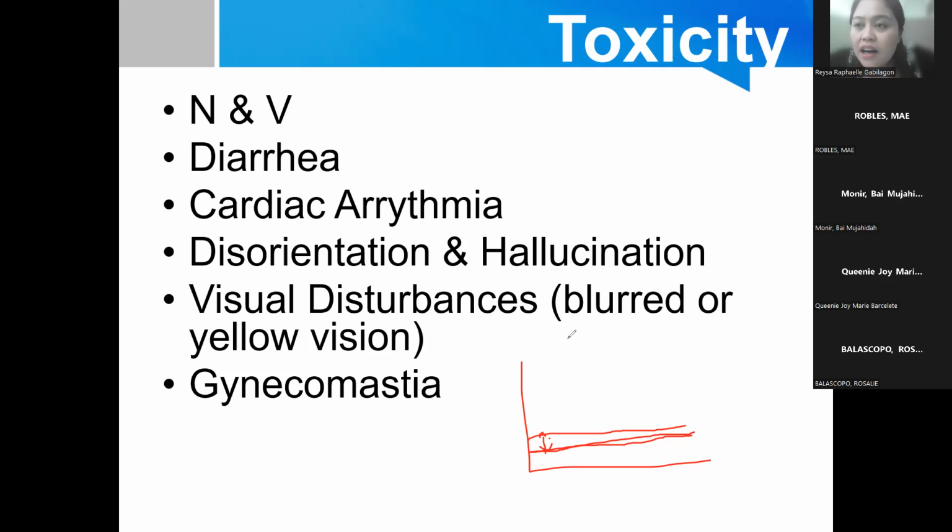And even the vision may be affected. We call this xanthopsia. Let me write it on the screen so it's quicker. You have here xanthopsia. That is the blurred or yellow vision experienced by the patient who had a toxic effect with the digoxin.